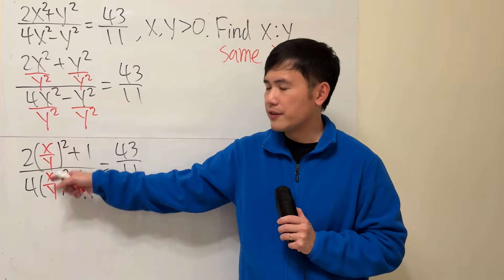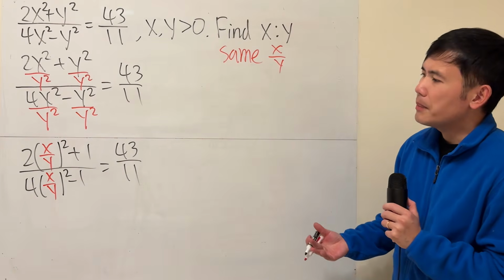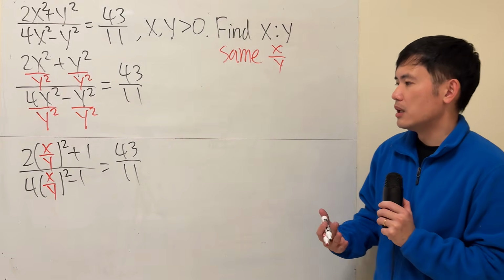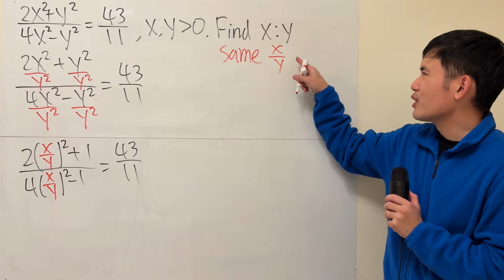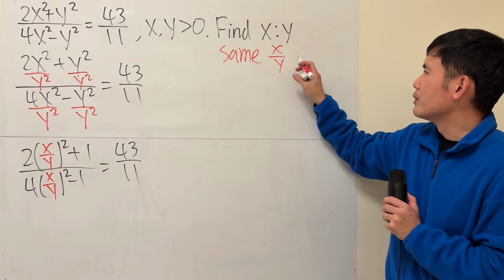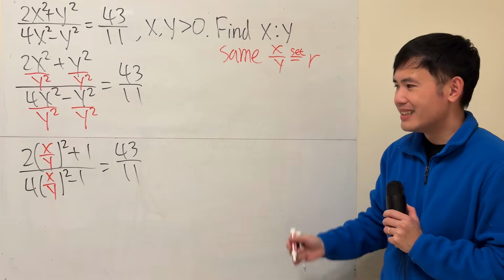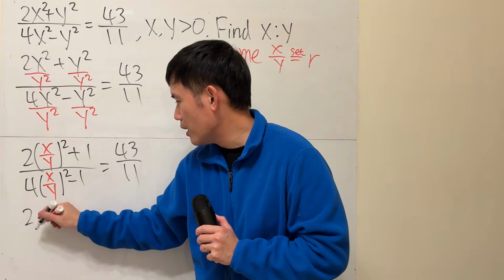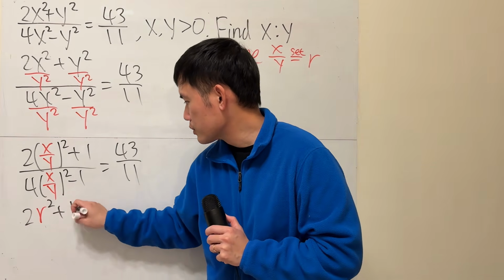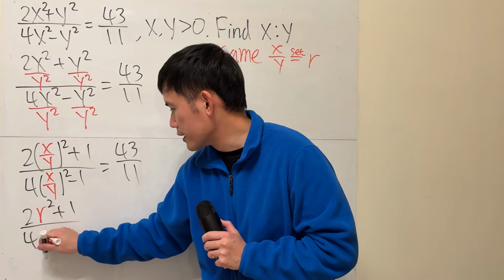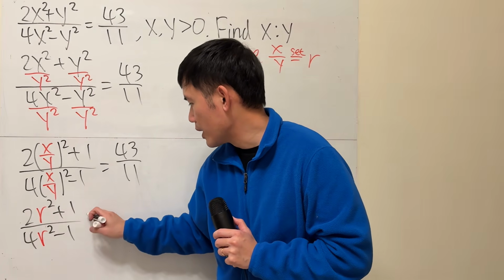We will treat this as a variable, and it might be easier if we call that a new variable. Because we're talking about a ratio, I'm going to set this to be some number r. So I can look at this as 2r squared plus 1 over 4r squared minus 1.